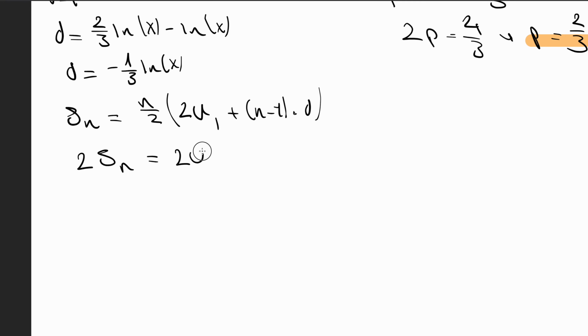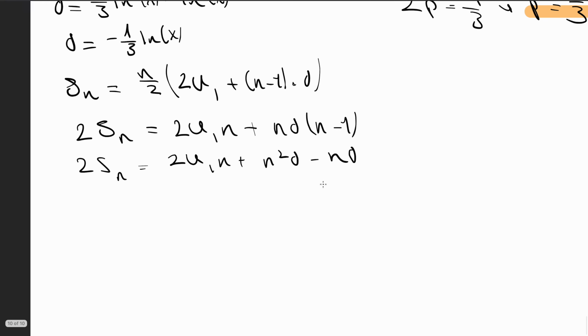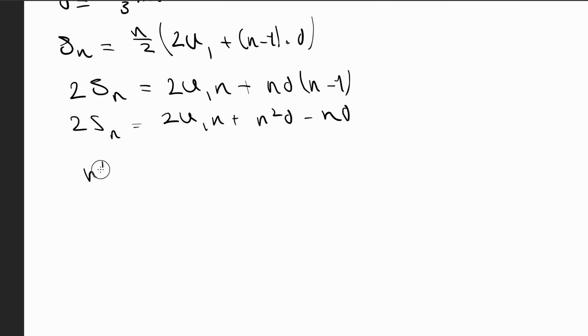So 2Sn equals 2u1 n plus n squared d minus nd. And so if you treat it like a quadratic equation, it's going to be n squared d minus nd plus 2u1 n minus 2Sn is equal to 0.